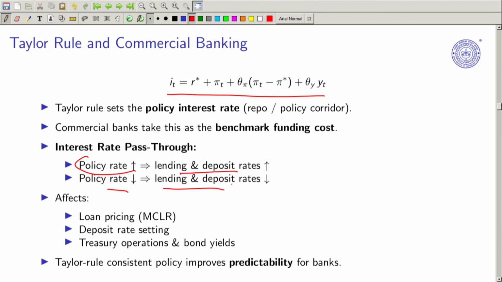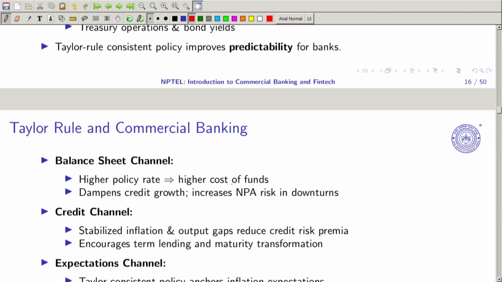But if the rate of interest comes down, then previously issued bonds will have higher prices in the market as compared to currently issued ones if the interest rate is lower, right? So this is what we often see. And we find that the Taylor rule prediction also helps you understand how the banks are going to react. So this is very, very important.